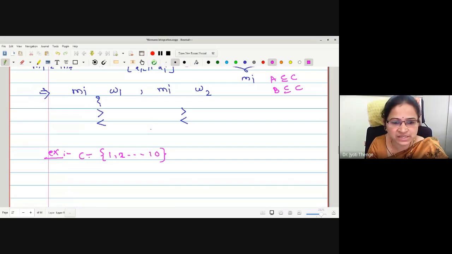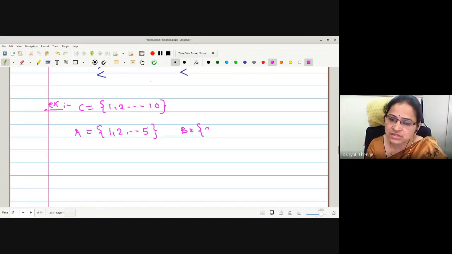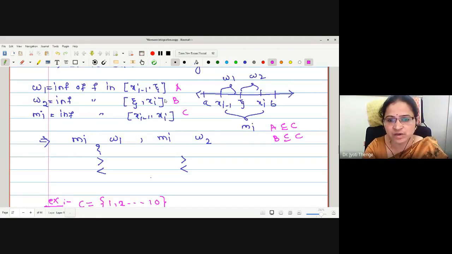Let me write the set C as 1 to 10. Let me write two different sets, A as 1 to 5 say, B as 6 to 10 say. Therefore, again A is a subset of C, B is a subset of C. The same situation I have considered.